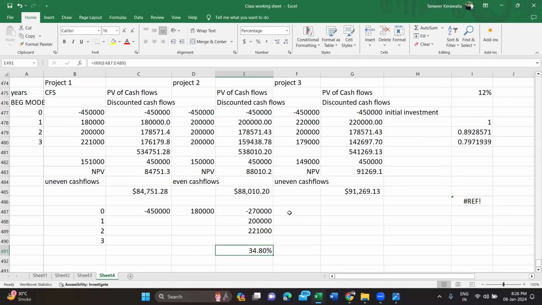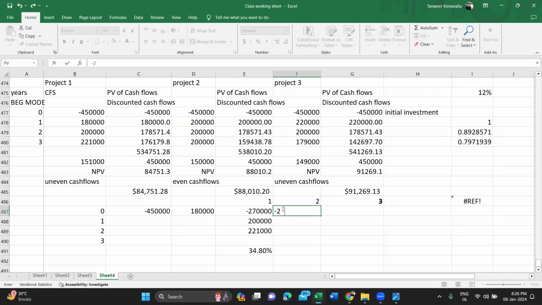If I do the same for the other years, let me do it for project one, now project two, and project three, right? So in project two, what we will do, 4 lakh 50 minus 2 lakhs, that means minus 2 lakh 50 in the first year, and then 2 lakhs and 2 lakhs.